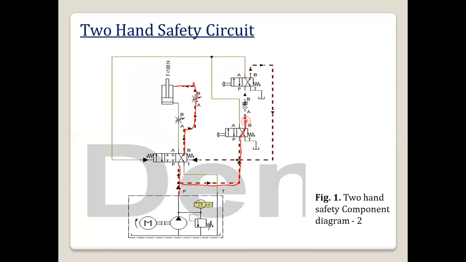So this is the initial position. Here I am also using one check valve. This is valve 1 and this is valve 2. The connection here is very important. You can see valve 2 is connected to the right side of the 4 by 3 DCV, and port A of valve 2 is connected to the left side of this 4 by 3 DCV.